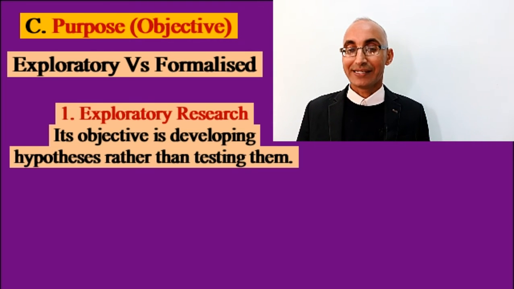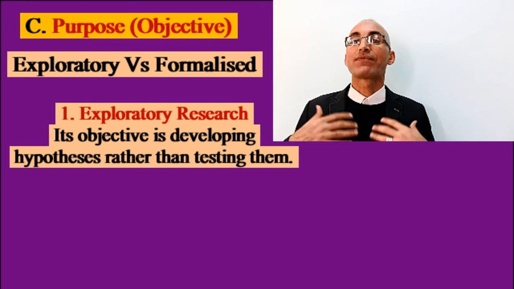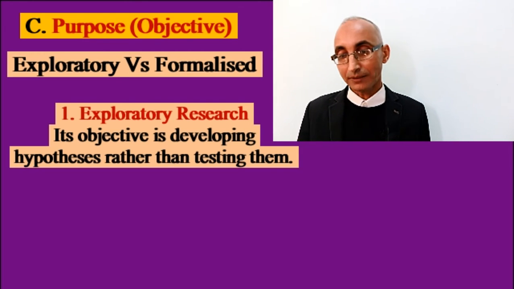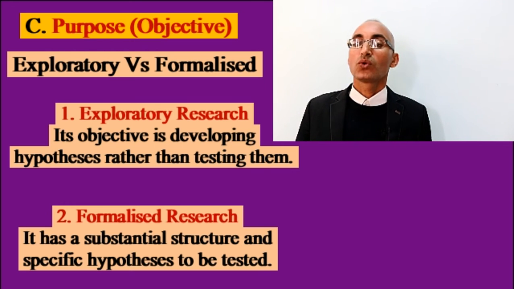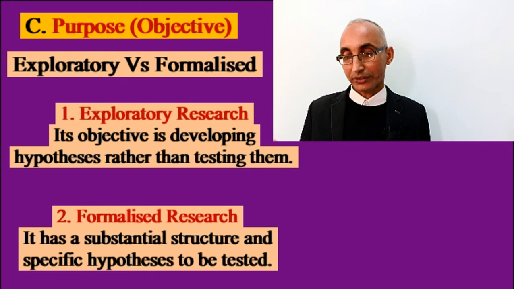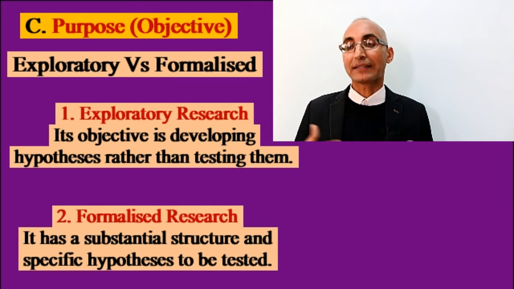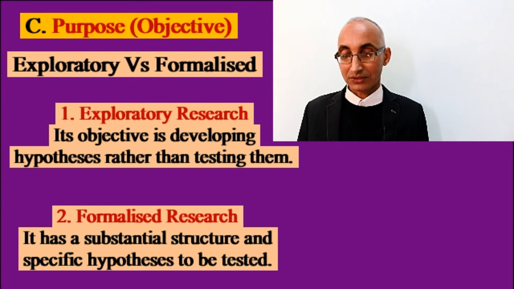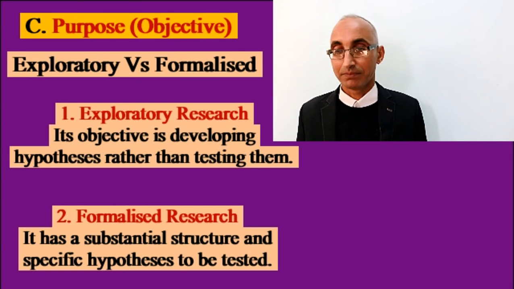So, in exploratory research, the researcher is concerned with what? With developing hypotheses, not testing them. Unlike the formalized one, where we find substantial structure and a specific hypothesis to be tested. Here the researcher focuses on testing hypotheses rather than developing them.